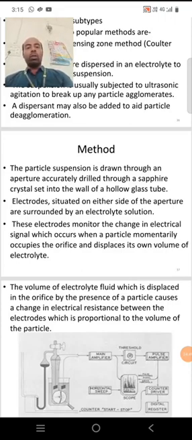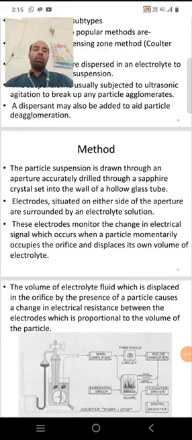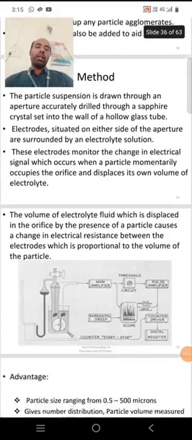Electrodes situated on either side of the aperture are surrounded by an electrolyte solution. These electrodes monitor the change in electrical signal which occurs when a particle momentarily occupies the orifice and displaces its own volume of electrolyte.